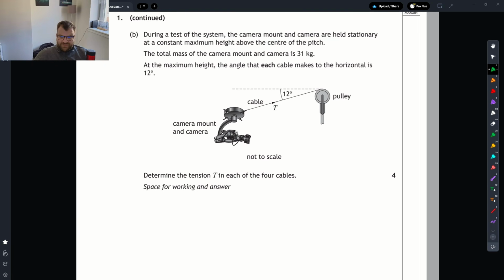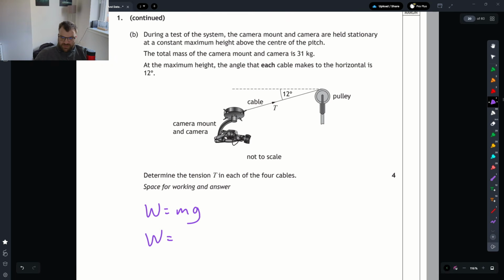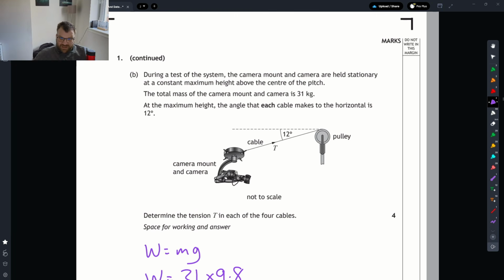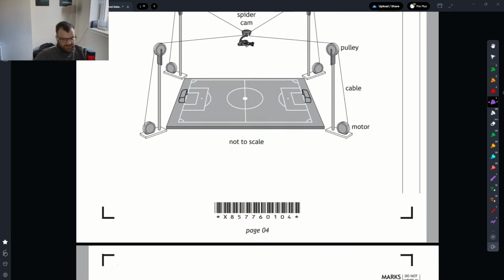Okay, and this one we're talking about the tension, which is caused by the weight of the object pulling down and holding it in there. So that may be a good shout, first of all. W equals mg, mass is 31 times 9.8, 303.8 newtons. There are 4 wires, so each wire would be responsible for holding up 1/4 of that.